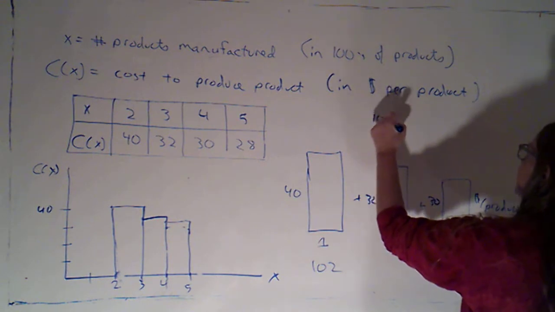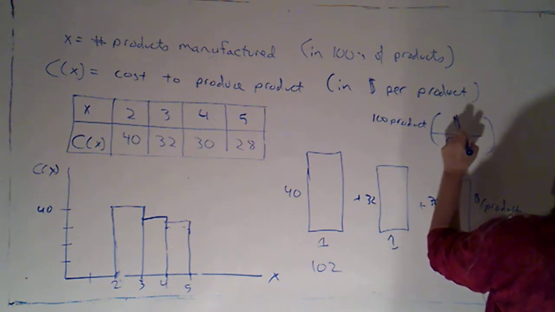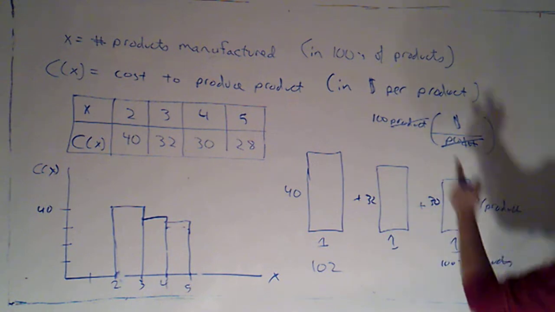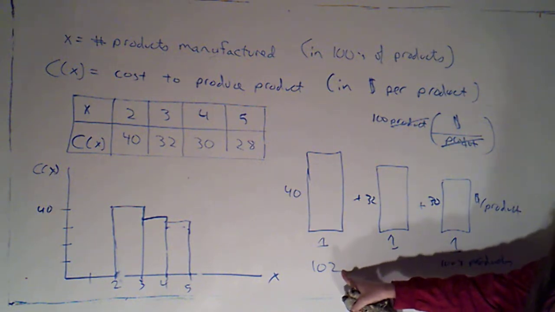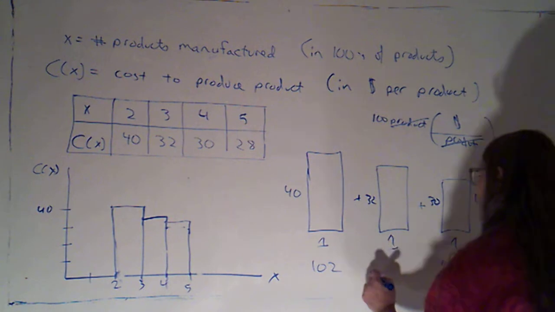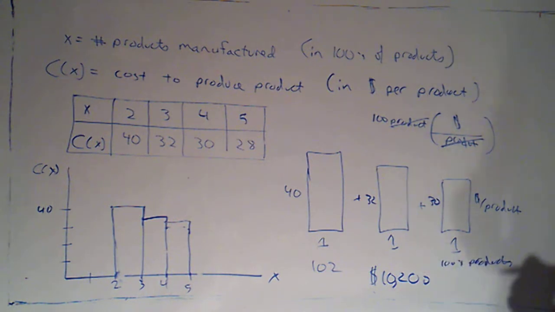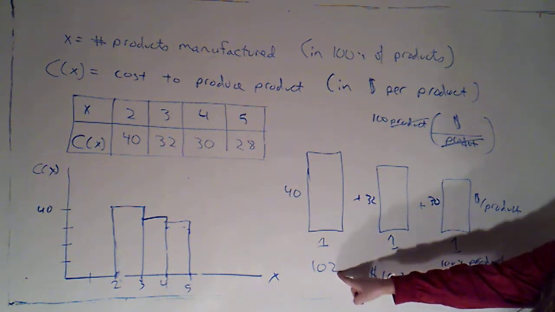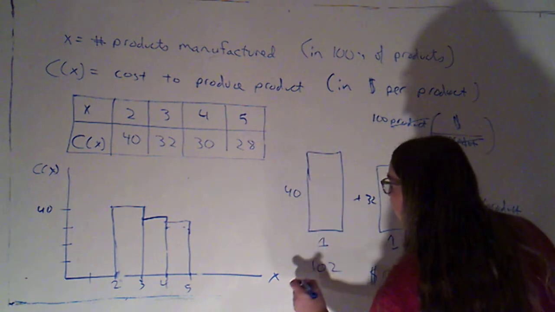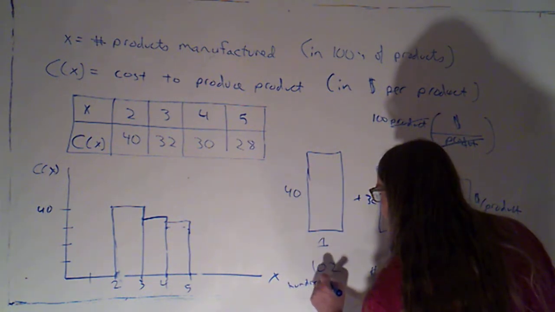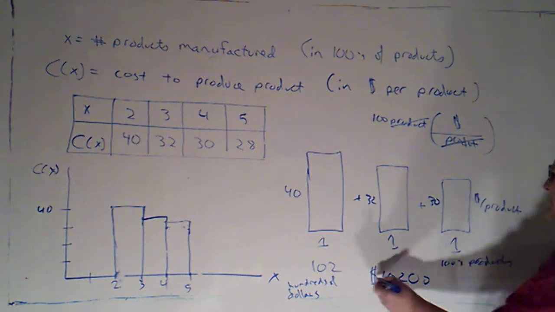Now if I multiply 100 products by dollars per product, the products are going to cancel, and I'm going to get dollars. So the 102 is in hundreds of dollars, and I can translate 102 hundred dollars to be $10,200.